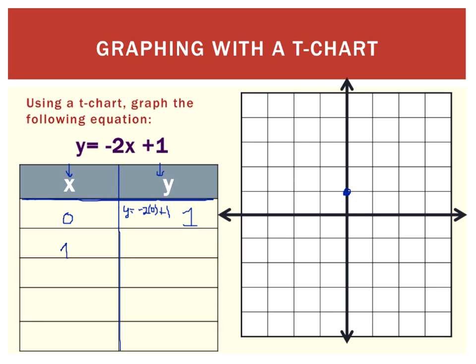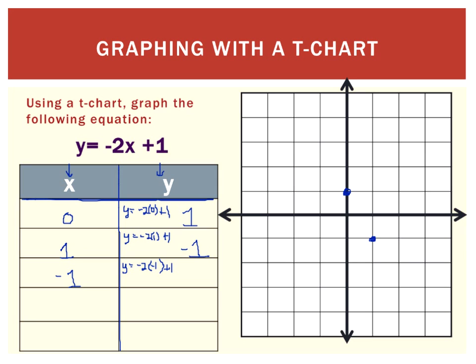And we know 0, 1 is a point because that is our y-intercept. But I could choose another point to help me. I could graph 1, and this will now be y equals -2 times 1 plus 1. -2 times 1 is a -2, plus 1 is a -1. So the point 1, -1 is on my graph. And I can continue this. I usually like to look at points on either side of 0, so I would have y equals -2 times a -1 plus 1.